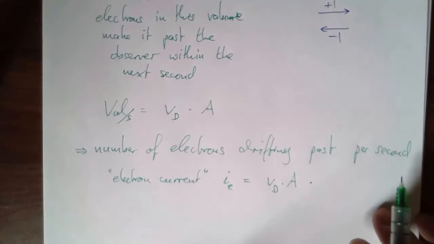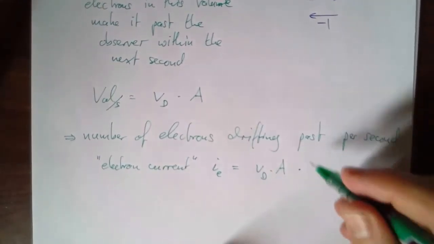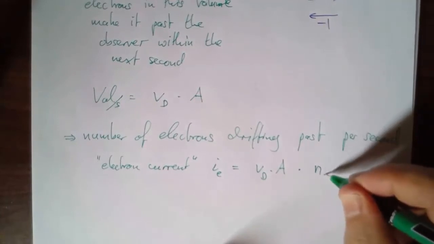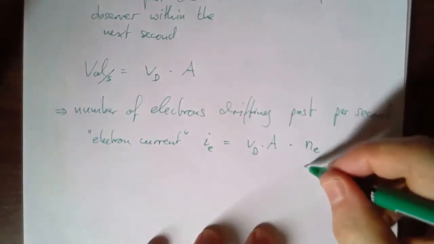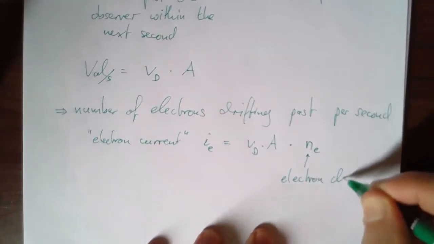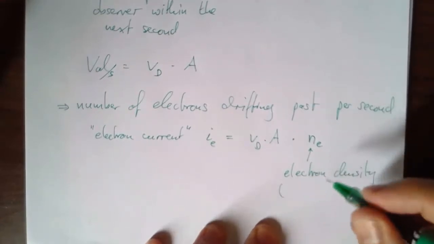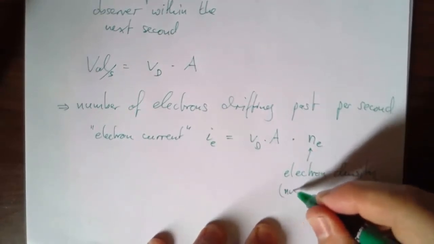So it's a little bit like the electron density. I think the book uses this notation here for that. This is how many free electrons there are per unit volume.